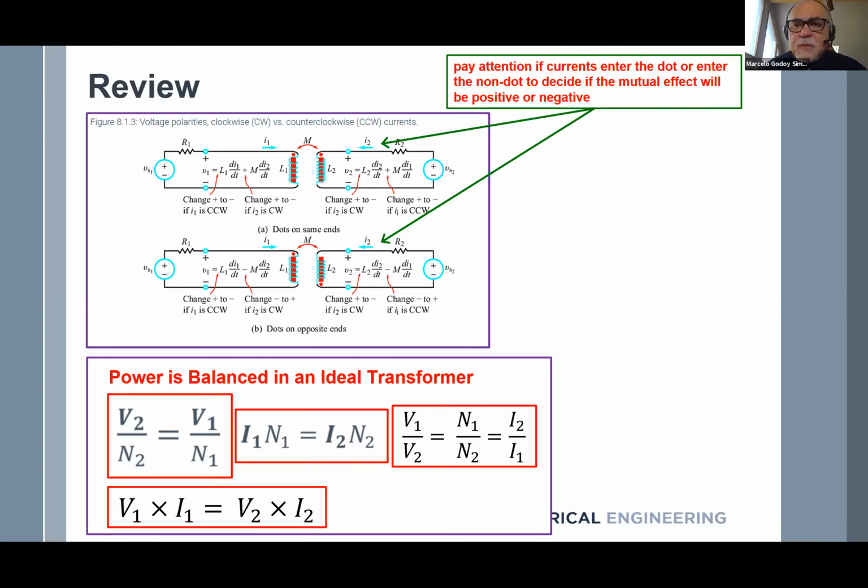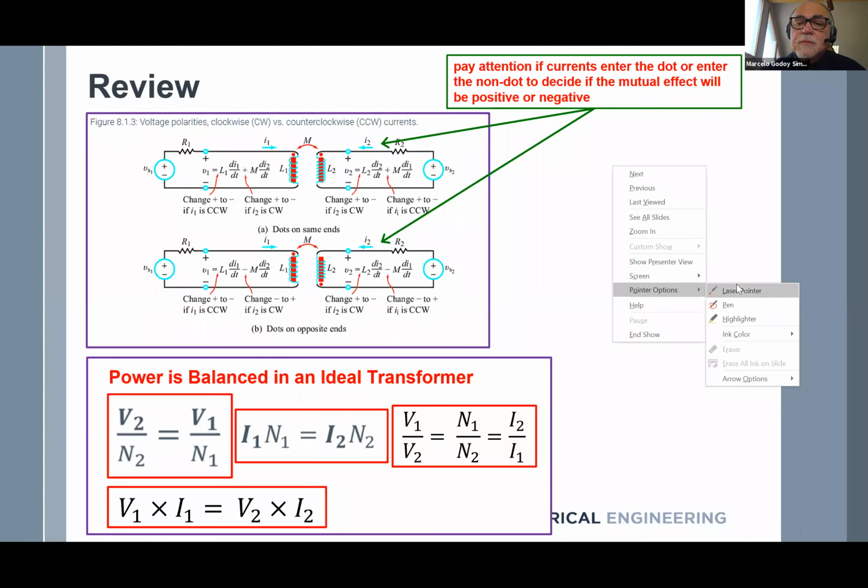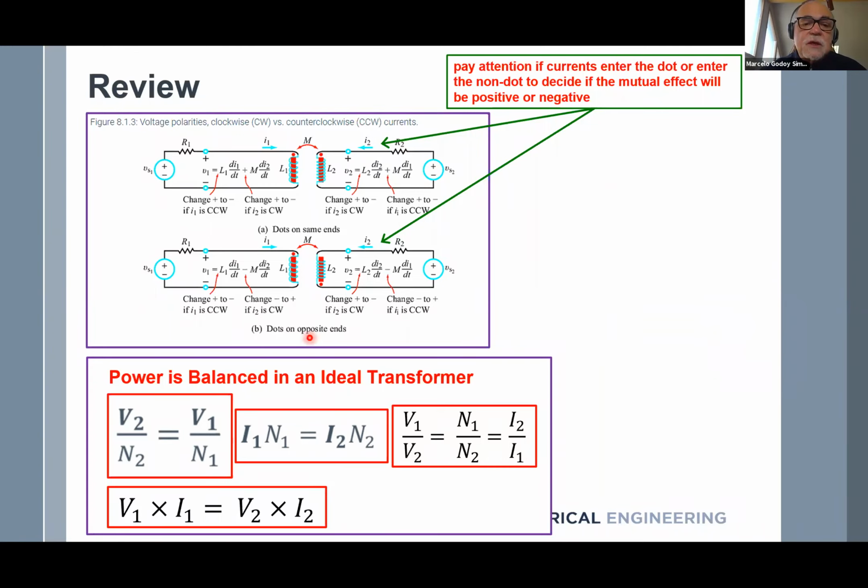You see here two main boxes, okay? I'm just changing my pointer to a laser pointer. There is a box here and a box towards the bottom. In the box on the top, you see a typical model for a transformer where we use mutual inductance.